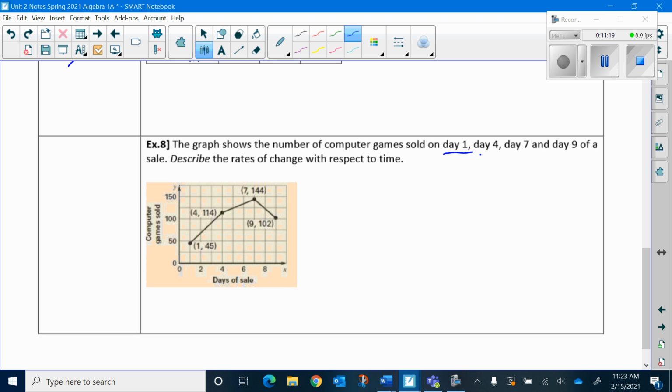This is a day 1, day 4, day 7, and day 9. So here they sold, and they have the amounts there. Describe the rates of change in respect to time. Well, here's the day of the sale. Day 1, they sold 45. But it looks like it's continuous. So we sold more. We have a leg here, and a leg there. So day 1 through 4, my sales increased.